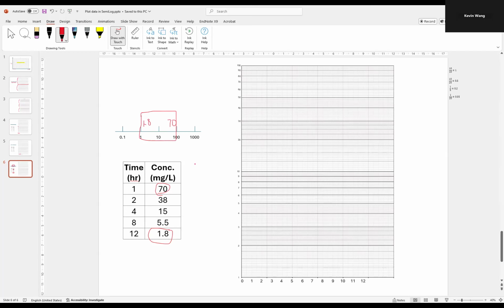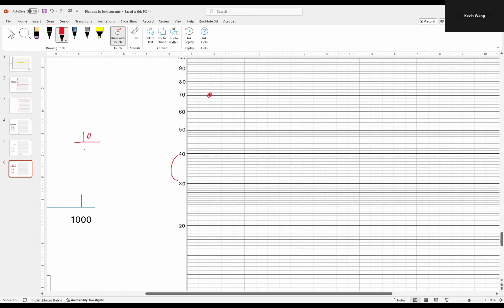So 1, 2, 3, 4, if you count, would be 10. So 10 by 10 is 1. So that means each subunit represents 1 unit. So 30, 31, 32, 33, 34, 35, 36, 37, and 38. Of course, you can count from the top, which is faster, right? 40, 39, 38, right? So this is the second one.